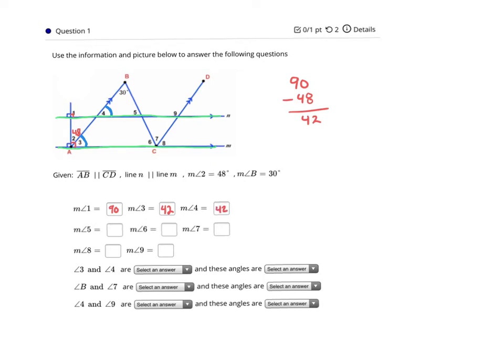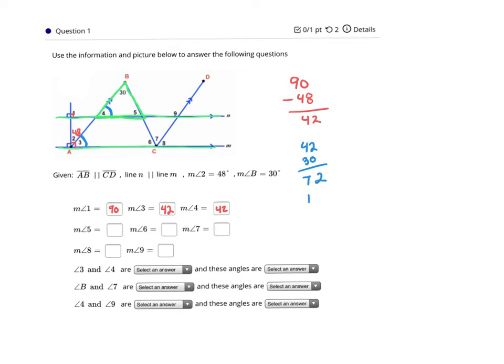Now, angle 5. I know that there's 180 degrees in a triangle. So to find angle 5, I have to add angle 4 and angle B together. So angle 4 is 42, angle B is 30, so that gives me 72 degrees.